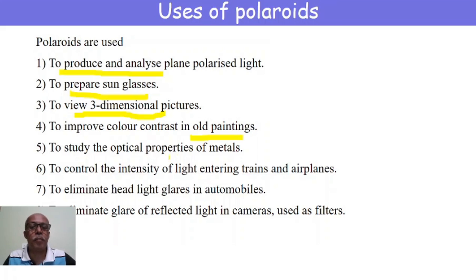To study the optical properties of metals, we make use of these Polaroids. The intensity of light entering trains, aeroplanes, etc. can be controlled by making use of Polaroid window sheets. To eliminate headlight glare, we make use of Polaroid sheets in the windshields of automobiles.